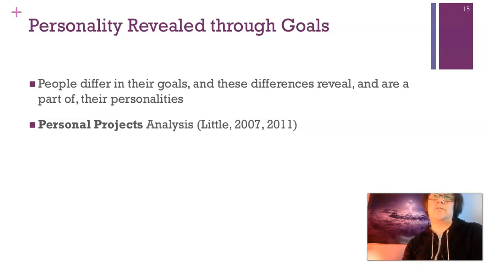If the goals we set are a reflection of our personalities, then we would be able to evaluate people's goals and learn something about their personalities based on the different goals they set for themselves.